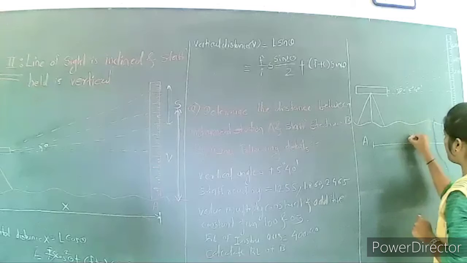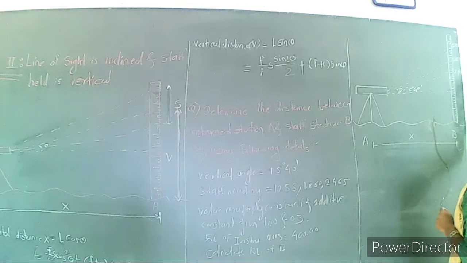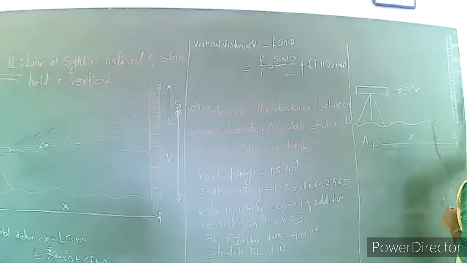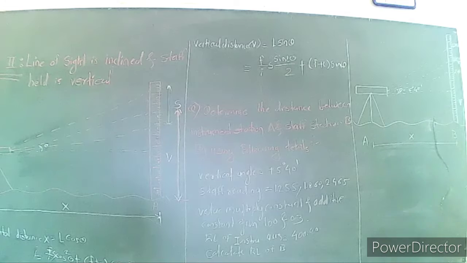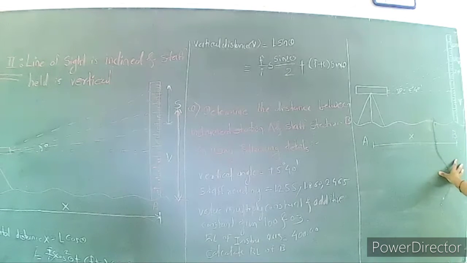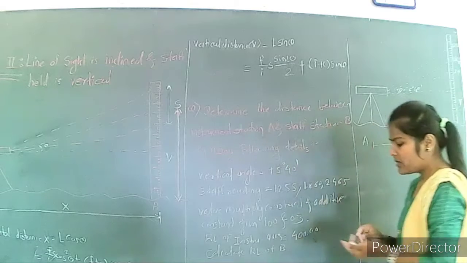The instrument station and the staff station are denoted by X. Now we have to calculate the vertical distance, meaning the distance between the ground level and the axial reading, denoted by capital D. Firstly, we calculate the horizontal distance and vertical distance by using the formula.